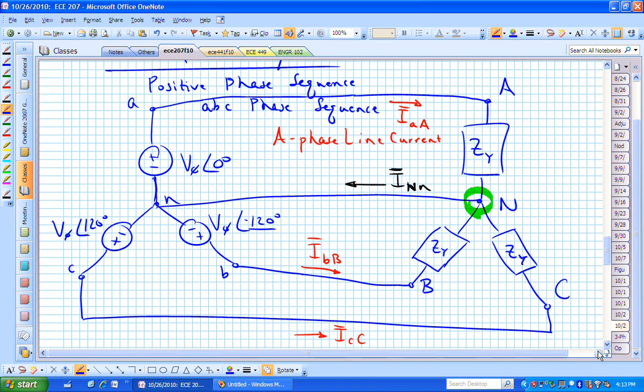If that's the case, what does that mean? You could theoretically connect them, right? It's the same potential. That's the same point. Little n and big N is the same point. You could theoretically connect those. If you connect those, now you know exactly what voltage is dropped across your A-phase impedance, correct? Is that making any sense?